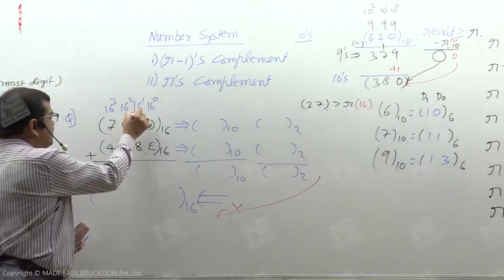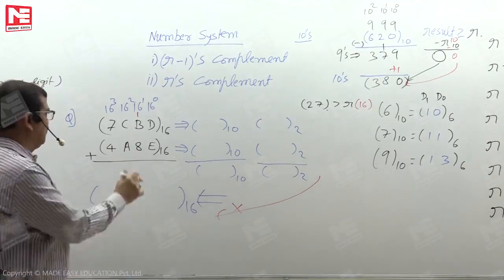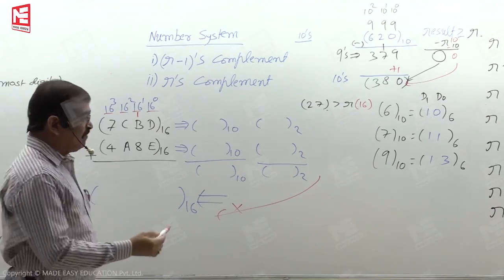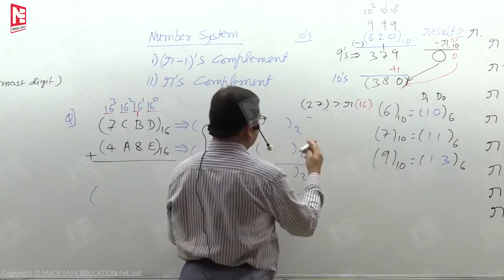Hence, we forward a carry to the next significant place, that is 16 to the power of 1's place, and from this result we subtract the radix, 16.